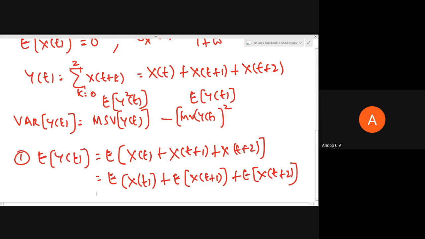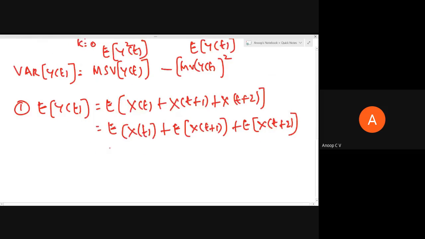So now we know what e of x of t is. It is already given, it is equal to 0. What is e of x of t plus 1? As it is a wide-sense stationary process, even if there is a time shift, the mean will be the same, so that will be 0. This will be 0, so this mean is equal to 0.